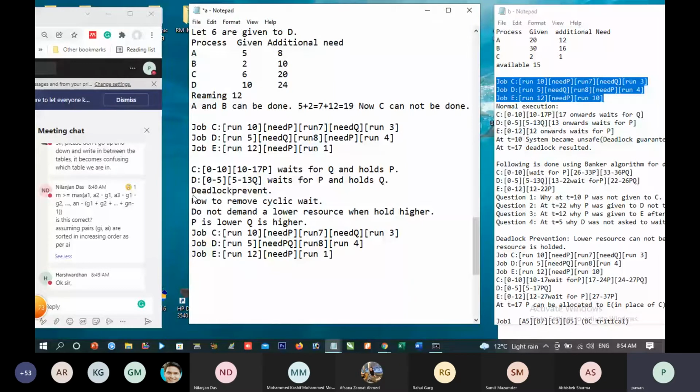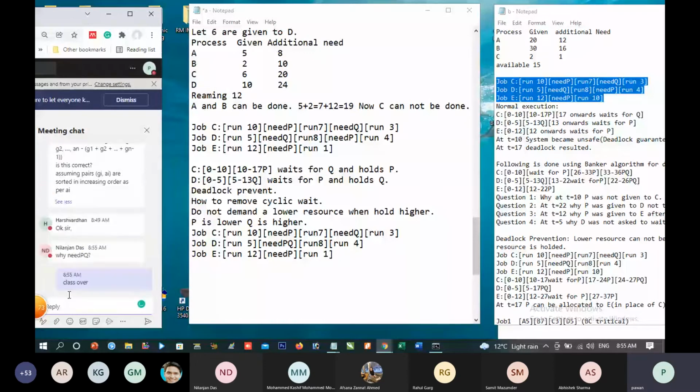Class is over. I need PQ. Reason is this. After class is over, any discussion can be done. Why need PQ? Because once we write need Q, later on need P is not permitted. Why?